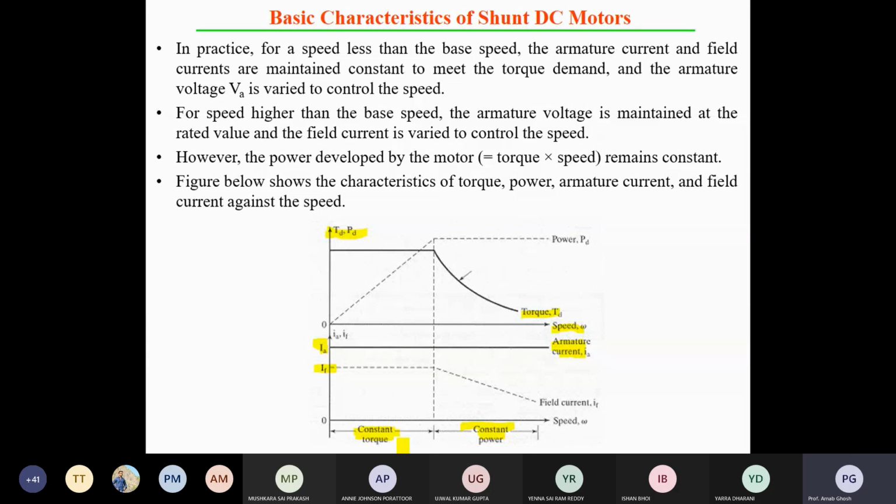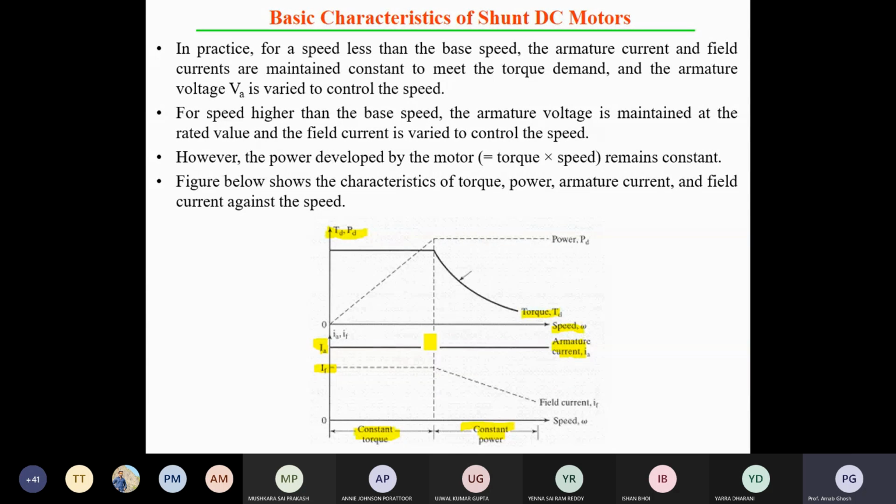After that what happens? Phi is varying, so torque is also varying, but how will it vary? You know the expression of the torque equals K phi IA. Phi is varying, but in a DC series motor IA is also a function of phi.